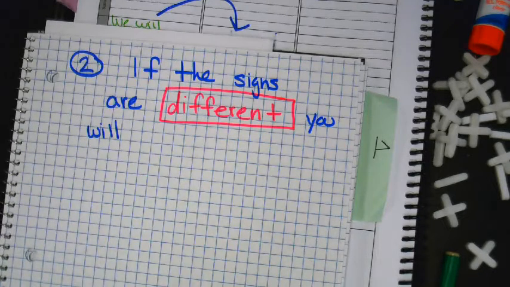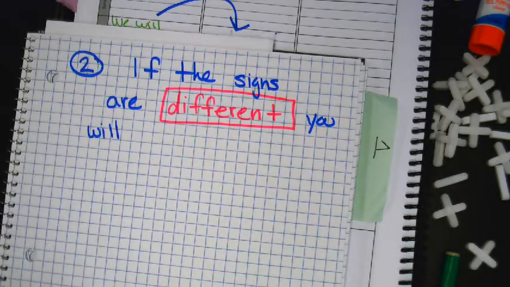The lies. If the signs are different, you will subtract.